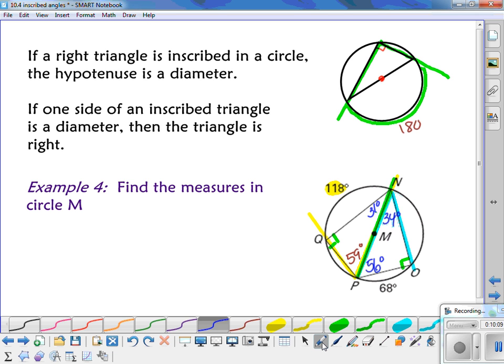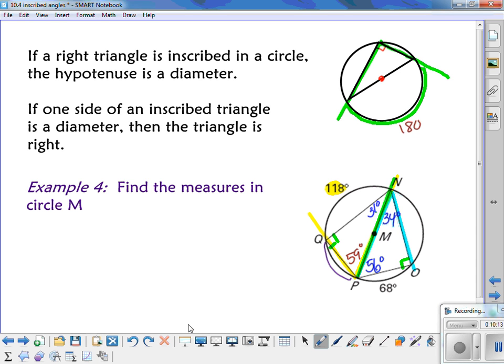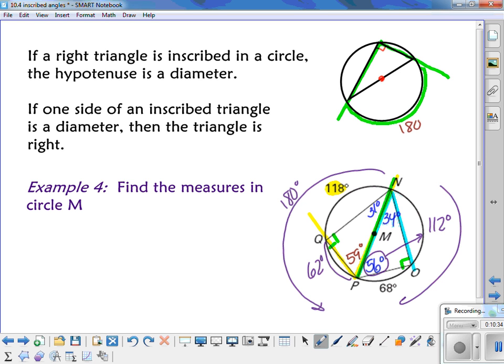So I can see here that arc QP is with the 31 degrees. I double 31, and that's 62. And then you can double check, because you know this needs to add up to 180. And you can see that 118 and 62 do add up to 180. And then on the other side, I've got the 56 degree angle, so that makes NO 112. And again, just double checking, these also add up to 180.